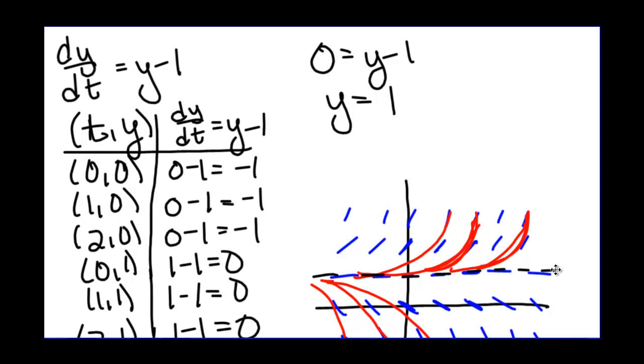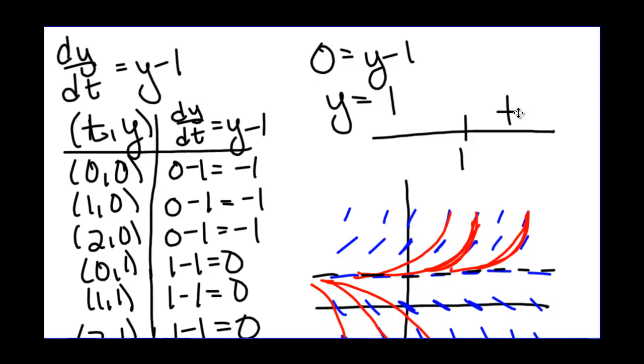And then we can determine the sign of the slope on either side by determining if our derivative is positive or negative on either side of the 0. So if y was 2, we would get 2 minus 1, which is positive.